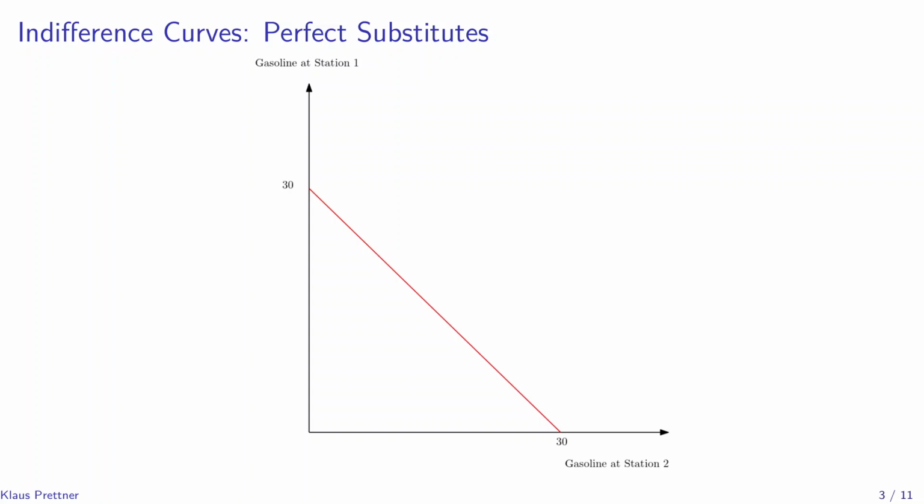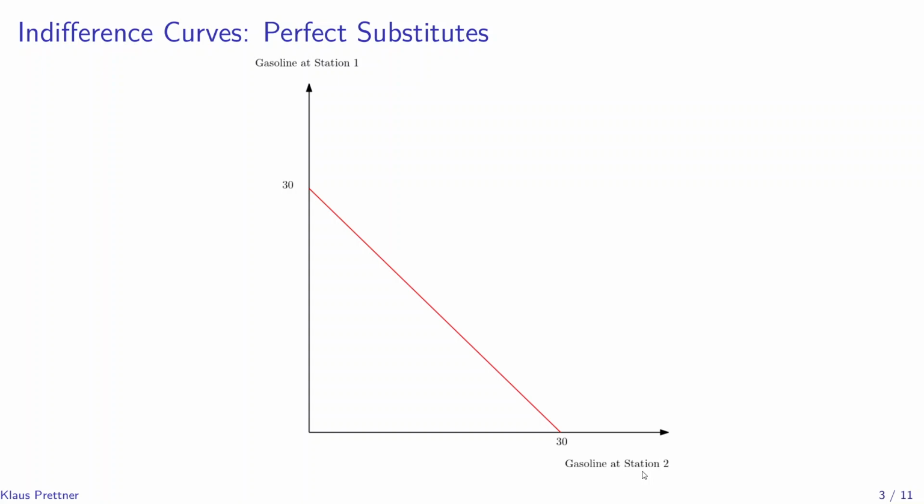It doesn't matter for you whether you fill your tank on the left side or the right side of the street. So you can fill up your tank at station 1 all the time, or at station 2 all the time, or any combinations in between that lie on the straight line from this use of just station 1 to this use of just station 2.